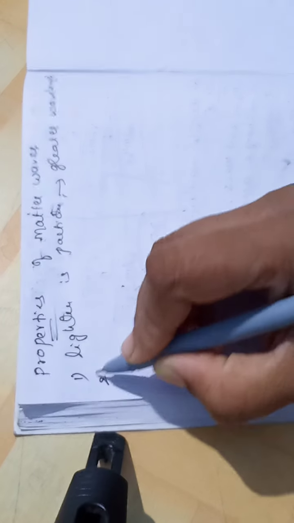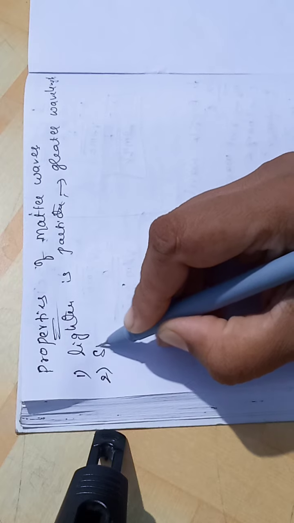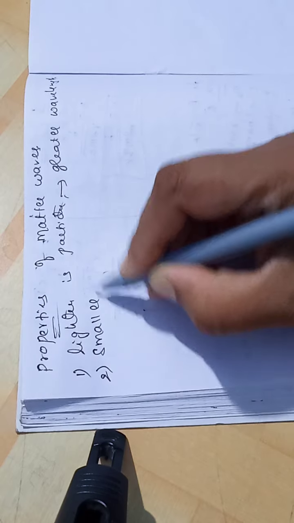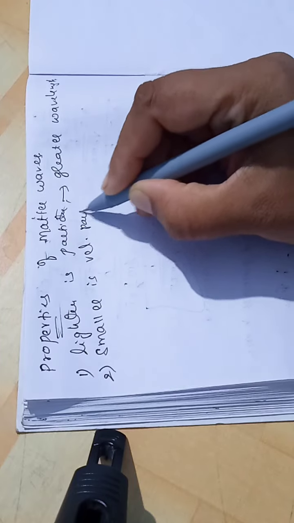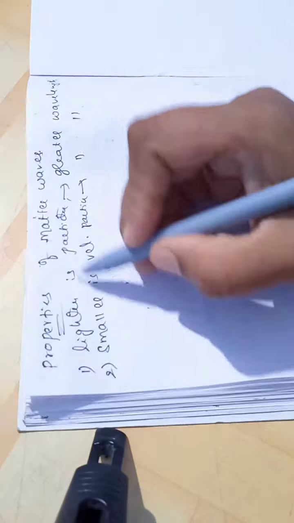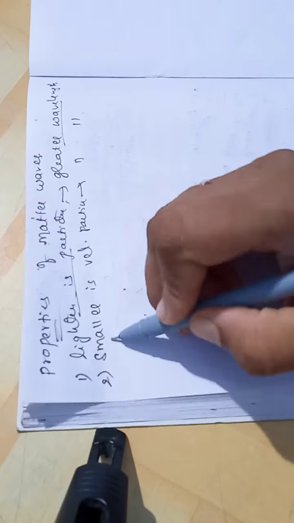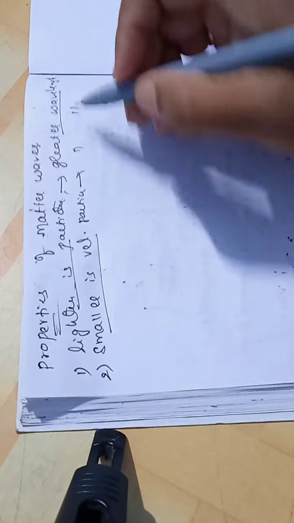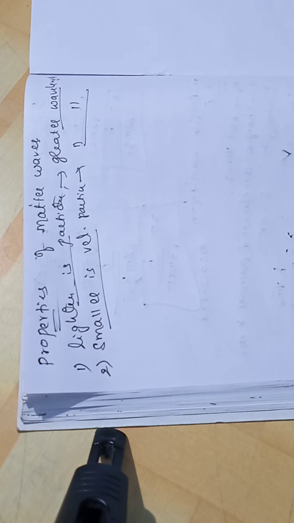Now the second one says that the smaller the velocity of the particle, the greater the wavelength associated with it. If the particle is lighter, it has greater wavelength. If velocity is smaller, it has greater wavelength associated with it.